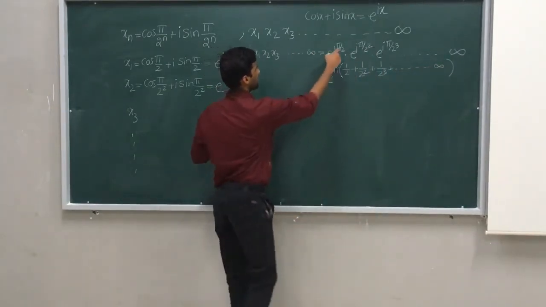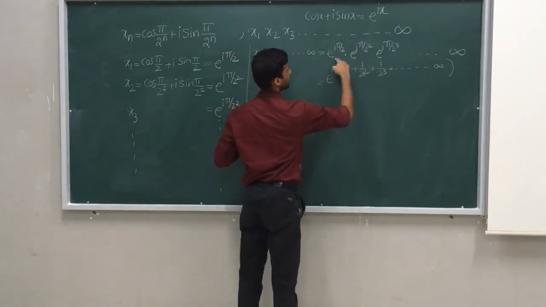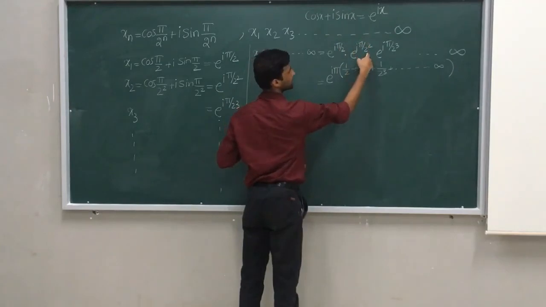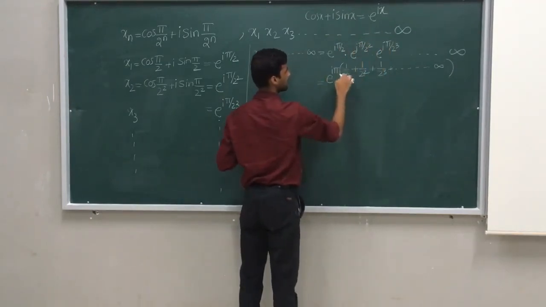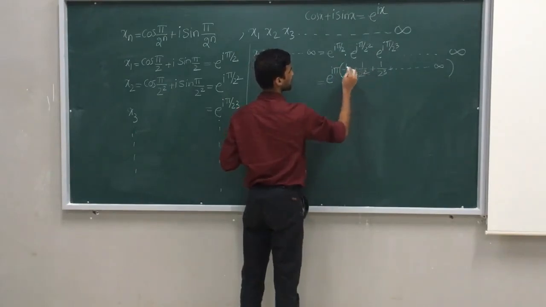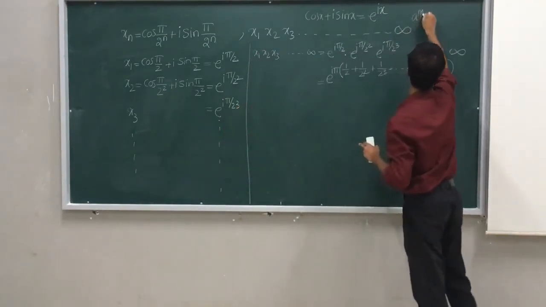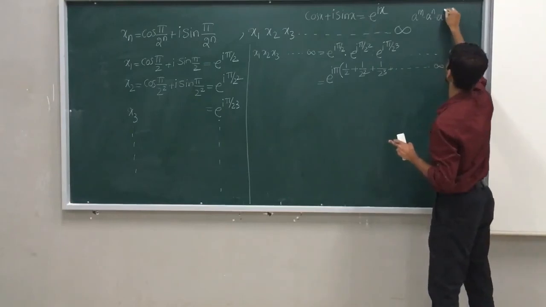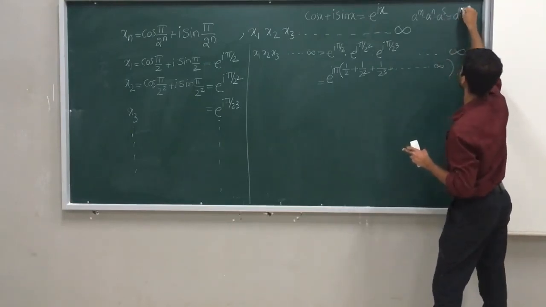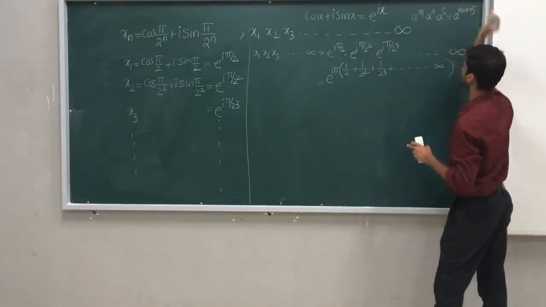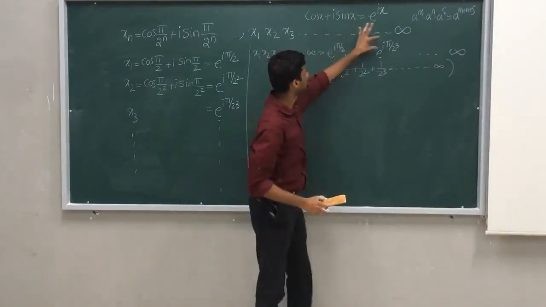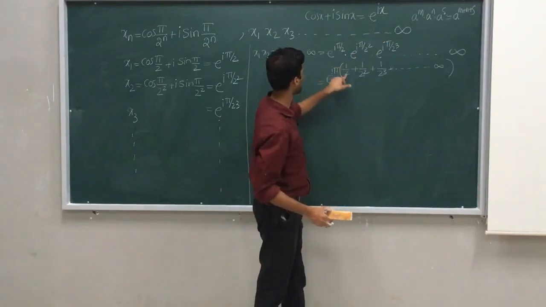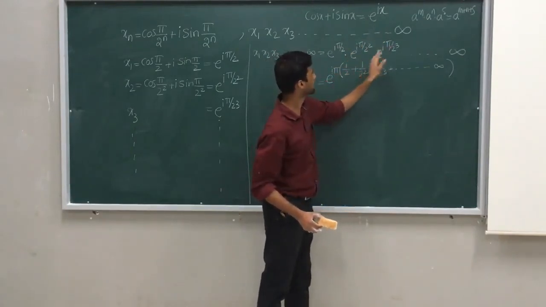Because a power m into a power n is a power m plus n, and a power m into a power n into a power s is a power m plus n plus s. Yes or no? In that, i pi is common. Therefore I put 1 by 2, 1 by 2 square, 1 by 2 cube, and so on.